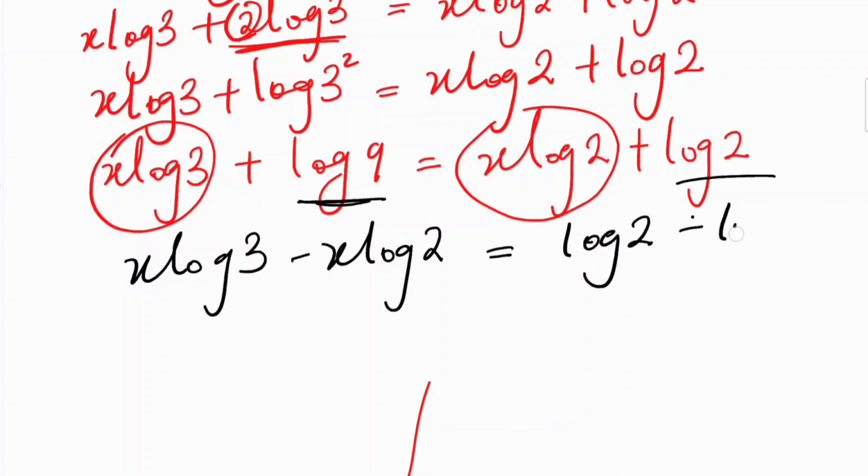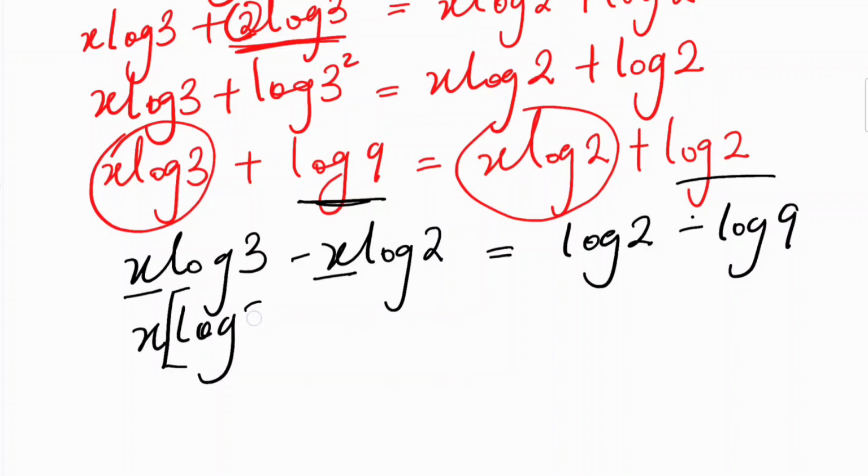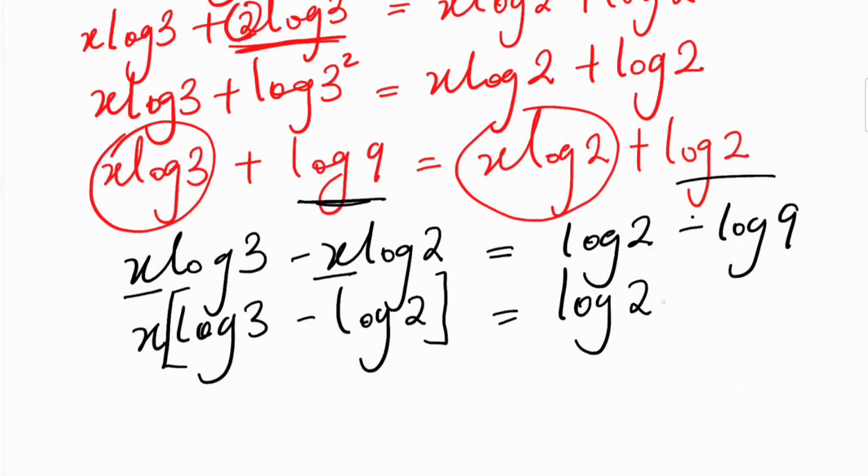So x is common. We factor out x, and you are left with log 3 minus log 2 is equal to log 2 minus log 9.